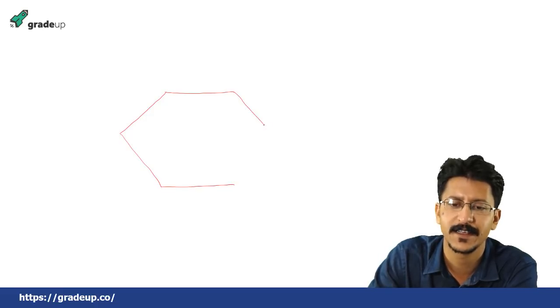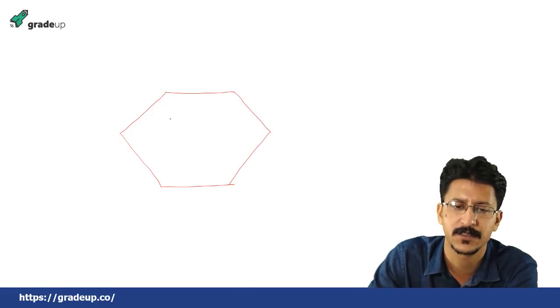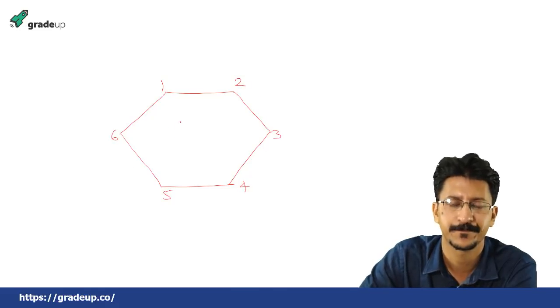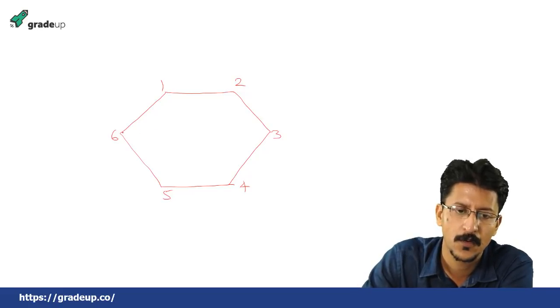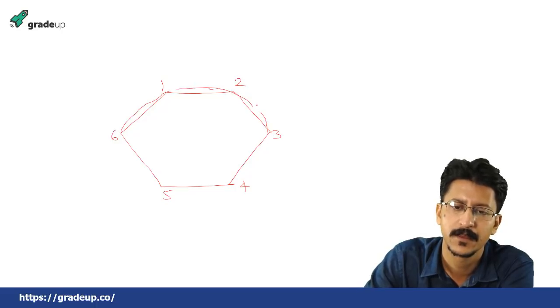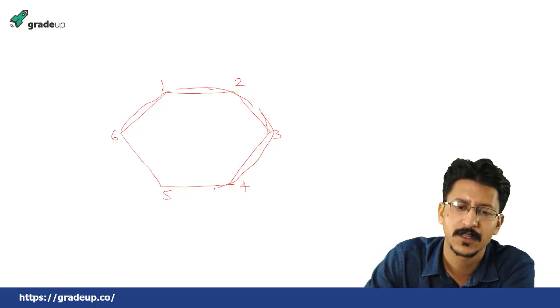So this is 1, and name it like this: 2, 3, 4, 5 and 6. Then you encircle it, joining all these points.